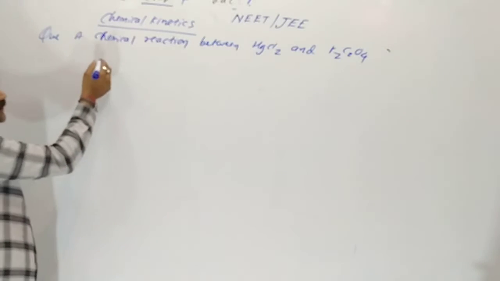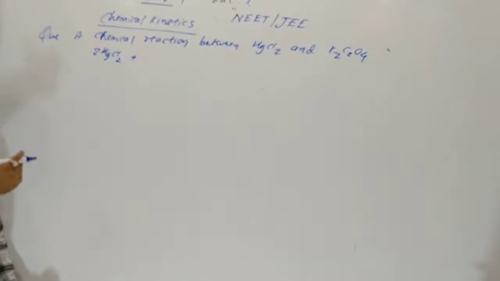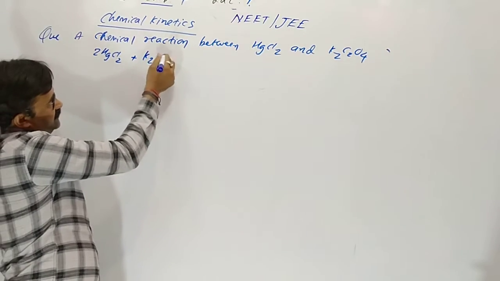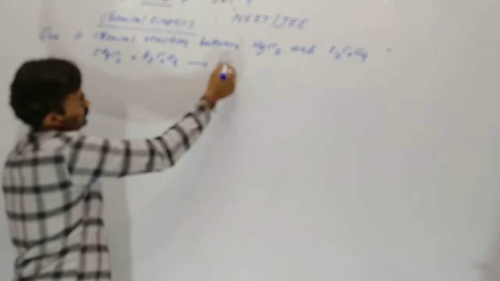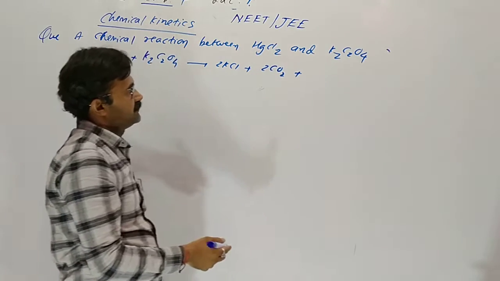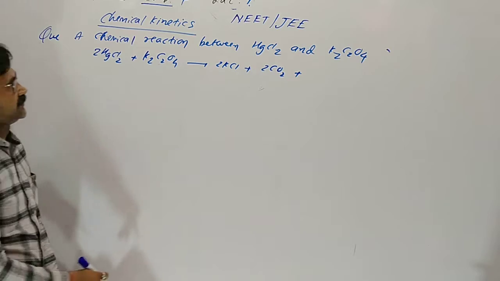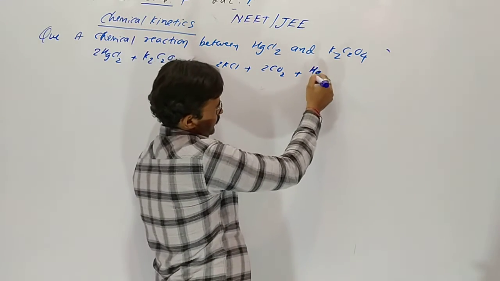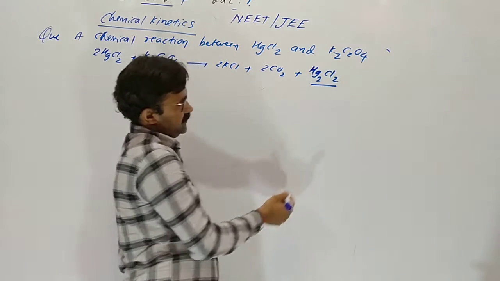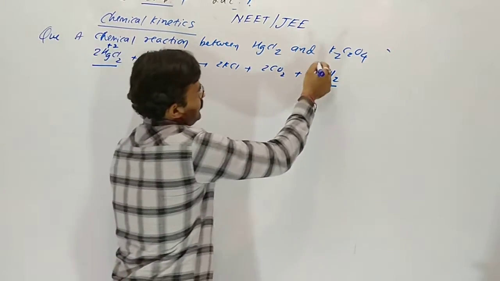Like this, 2HgCl2 plus potassium oxalate, K2C2O4, gives 2KCl plus 2CO2 and mercurous chloride. This is mercurous chloride, this one is mercury chloride. Here the oxidation number of mercury is plus 2, here it is plus 1.